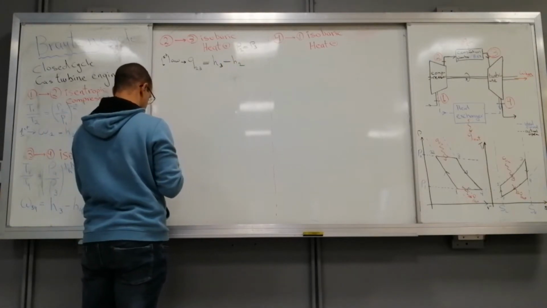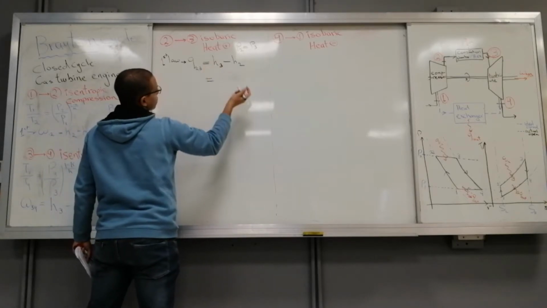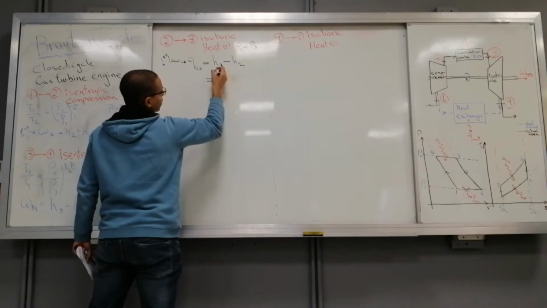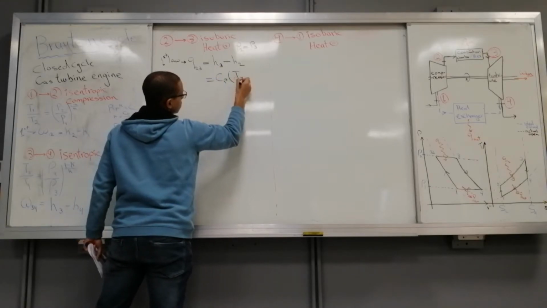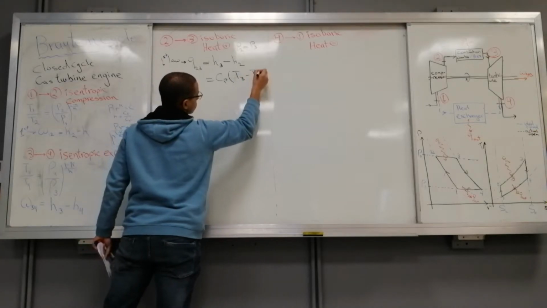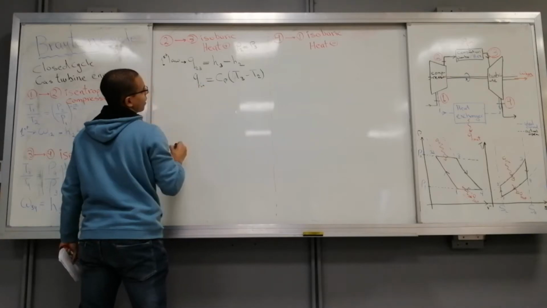That's great. We're in good shape. This process takes place at constant pressure, so we can write it as Cp times (T3 minus T2), which is Qin, a numeric value.